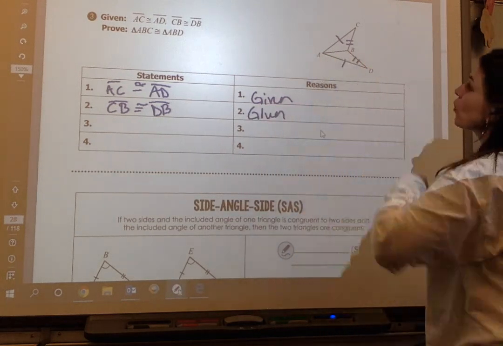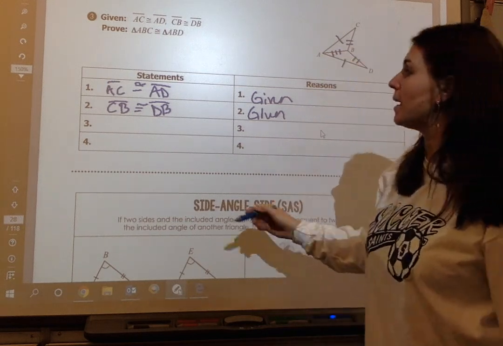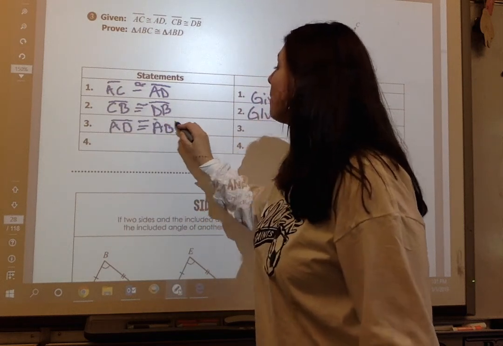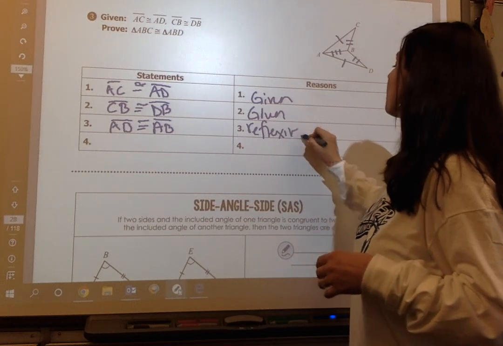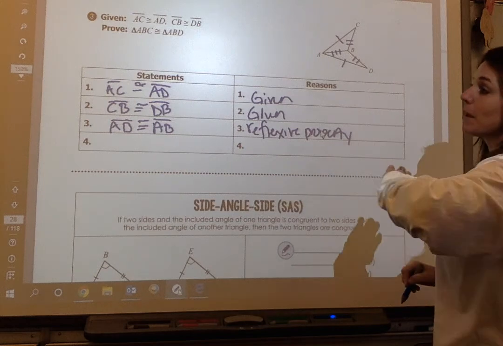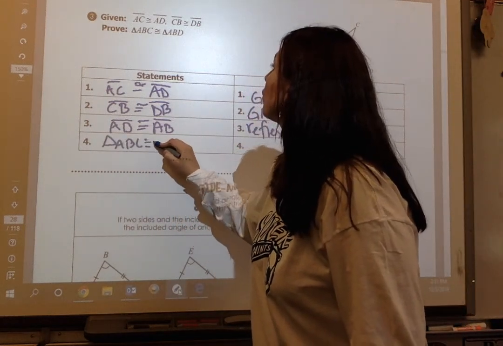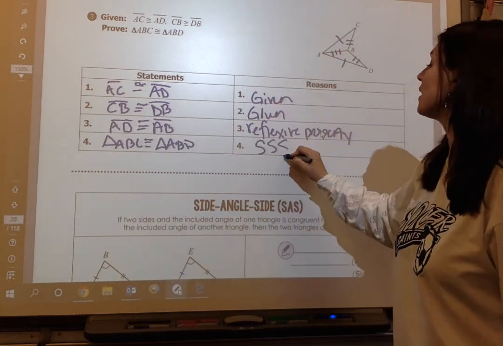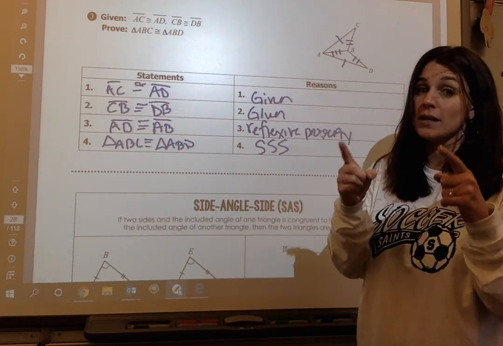Looking at this picture, I can also say that AB is congruent to AB because of the reflexive property. Now, I can make my Big Daddy statement and say that triangle ABC is congruent to triangle ABD. And that is because of side, side, side. So that's how we prove that triangles are congruent using side, side, side.